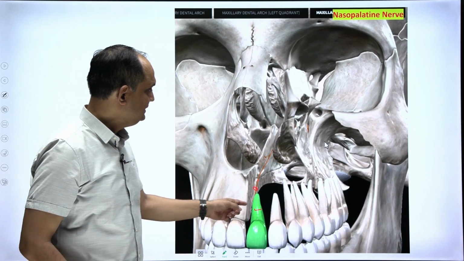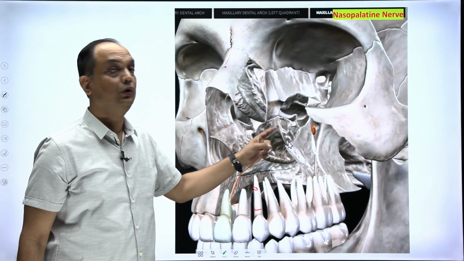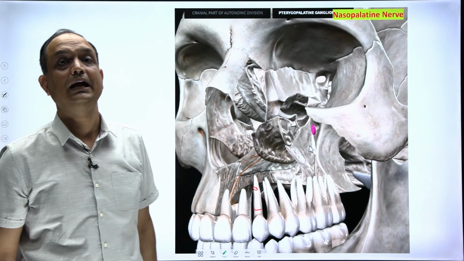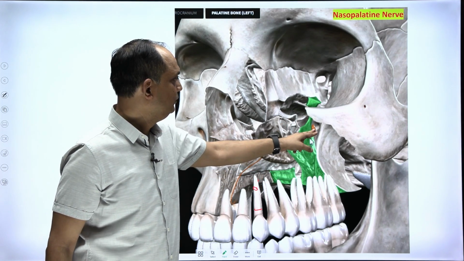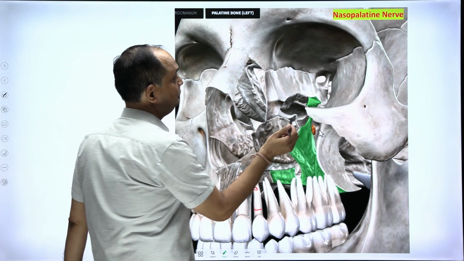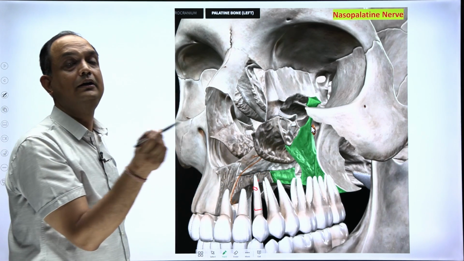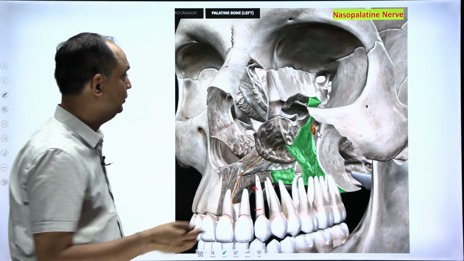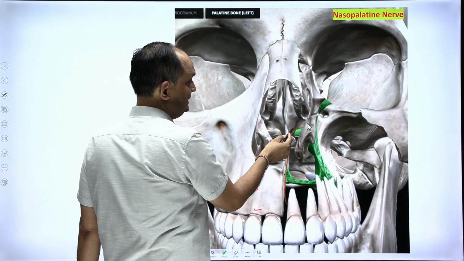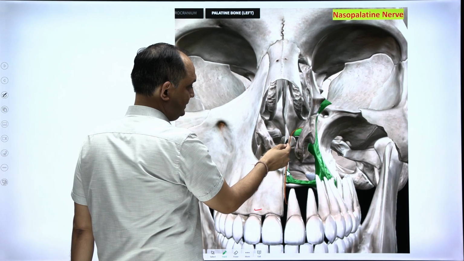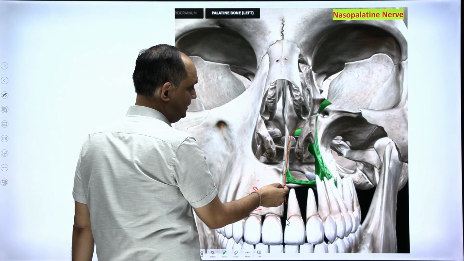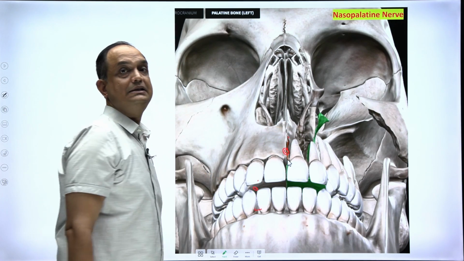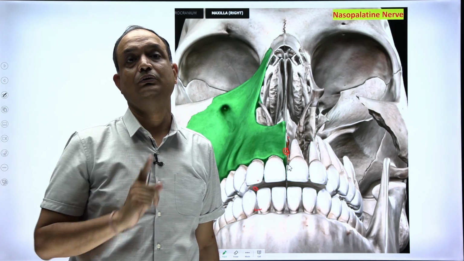Clear? If you track the whole route of this nasopalatine nerve, you will find a ganglion known as the pterygopalatine ganglion. From this ganglion the nerve goes medially and passes through a foramen behind the perpendicular plate of the palatine bone, and then it enters the nasal cavity, runs on the lateral wall of the nasal septum approaching the midline, and then passes through this incisive canal and enters the oral cavity.